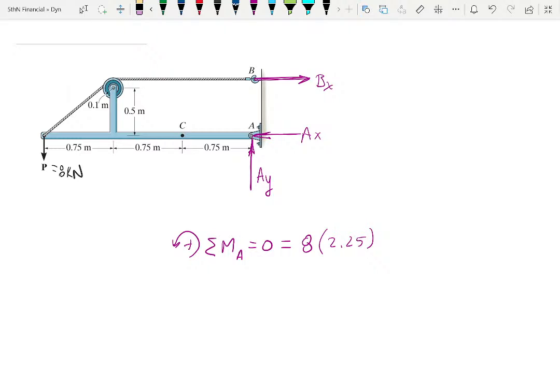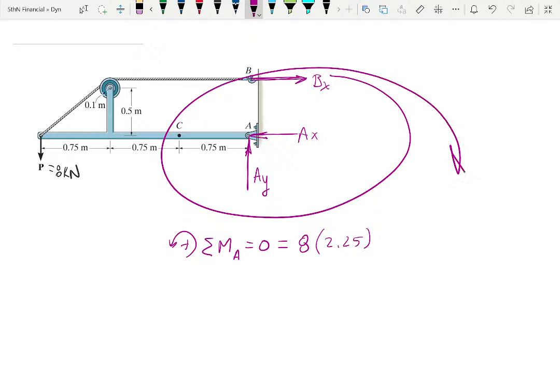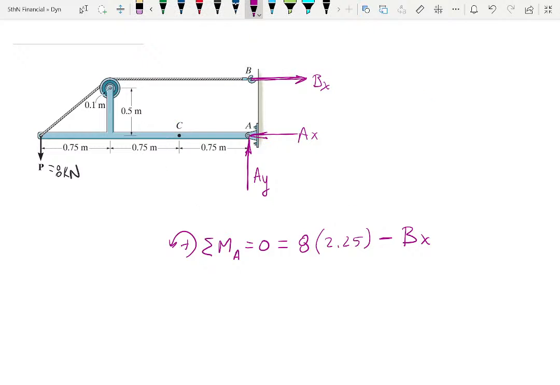If I'm wrong, you can catch me and fix it. I'll leave that up to you. Then I've got this force this way about A, and that's BX. How far is it? 0.6, and then this has a radius up here, 0.5 and 0.1. So there you would get BX equals a number.